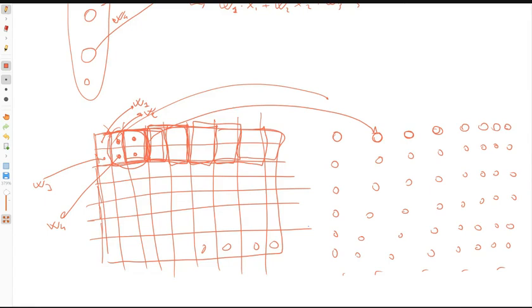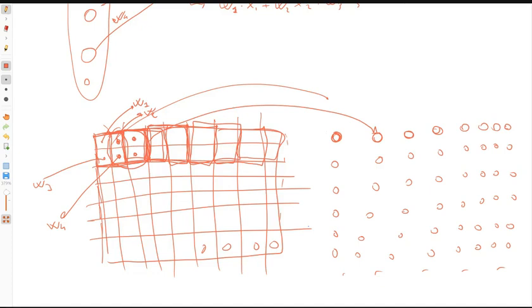In a convolutional neural network, you have connection with weight sharing, meaning that this point here is not connected to every point in the image, but just with 4 points. 4 because I'm choosing as receptive field a 2 by 2 square.